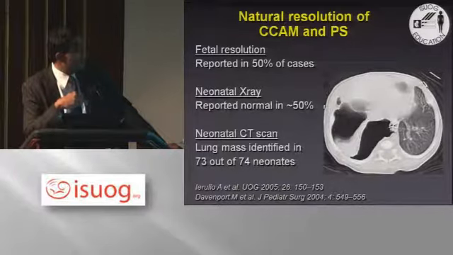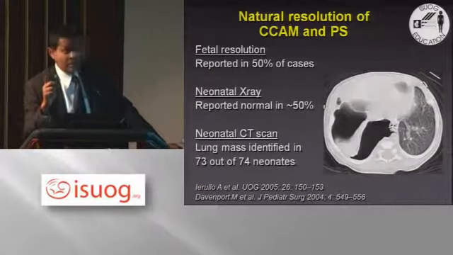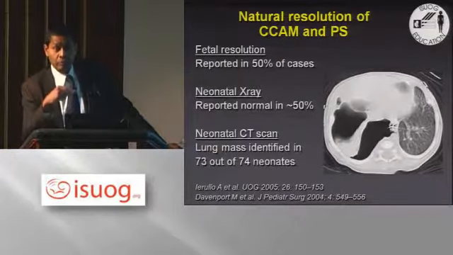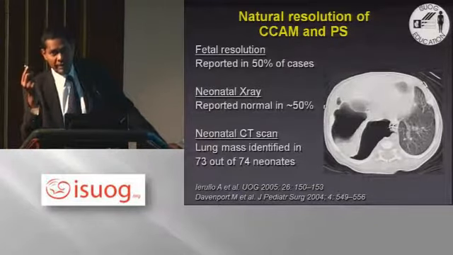In our case series, one of them wasn't, strictly speaking, identified on a CT scan, but the baby was sent home because of a normal chest X-ray, and then developed severe lung infection and died before it got back. And the post-mortem revealed the CCAM, which was not evident on the X-ray.